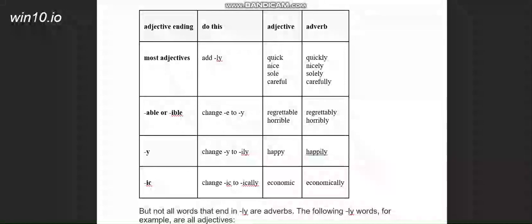Regrettable is an adjective, and as it is ending with e, we will change it to regrettably. Then horrible becomes horribly. Then change y to ily. Over here, adjectives ending with y will also change into ily. You can see in the foremost one, most adjectives are being added with ly and form adverbs.